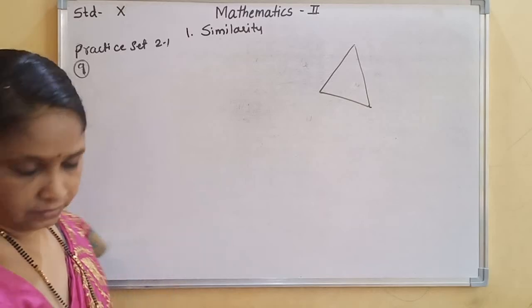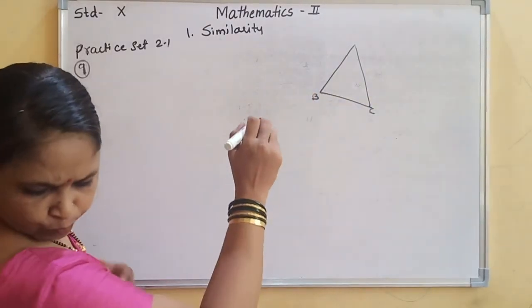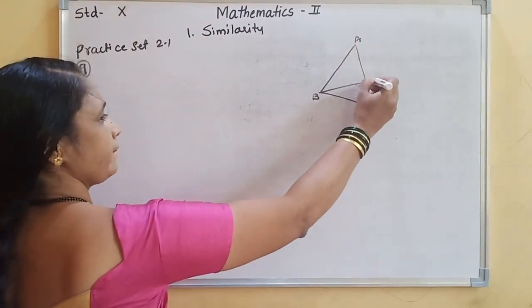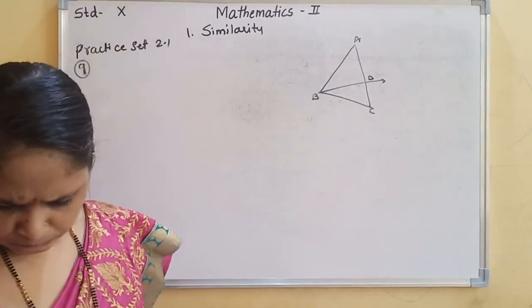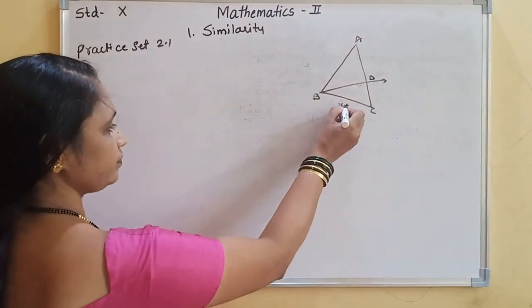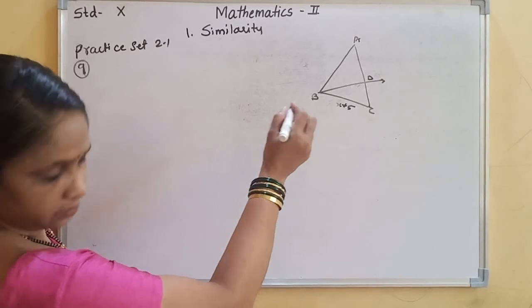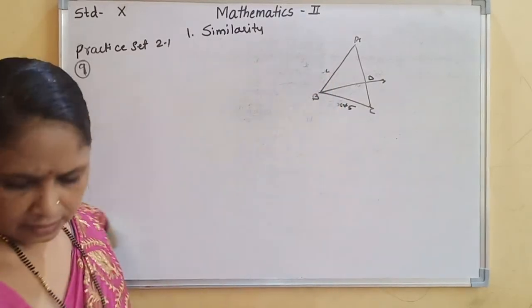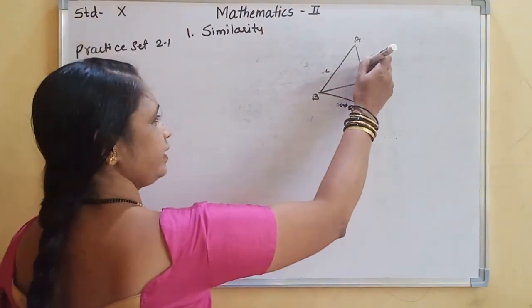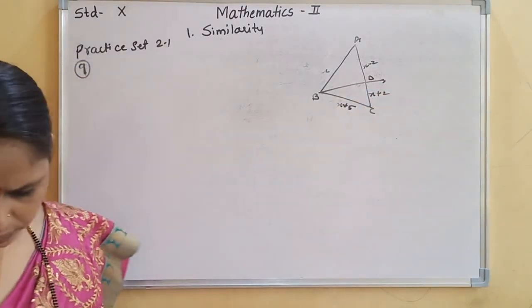See BC, and this is A, this is D. You have to draw the figures with scale. X plus 5, this is X and X minus 2, and this is X plus 2.